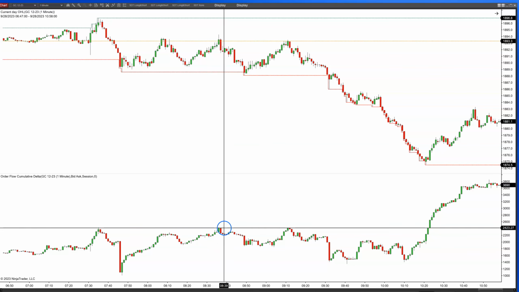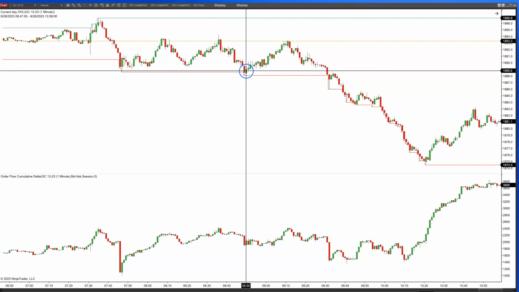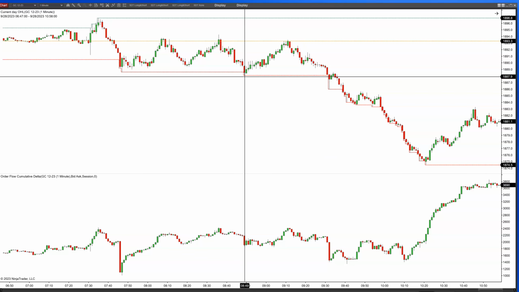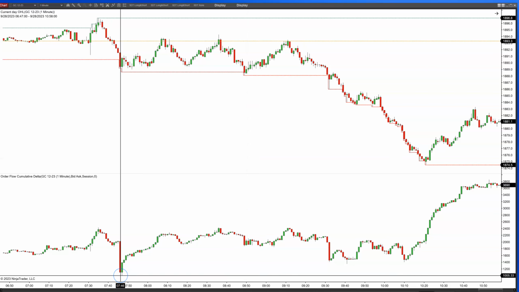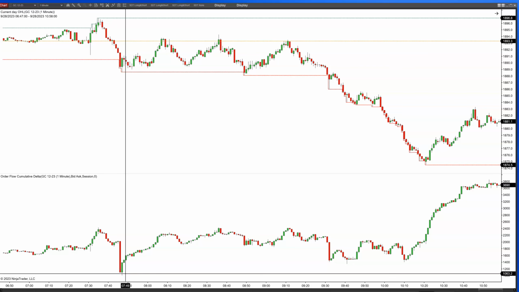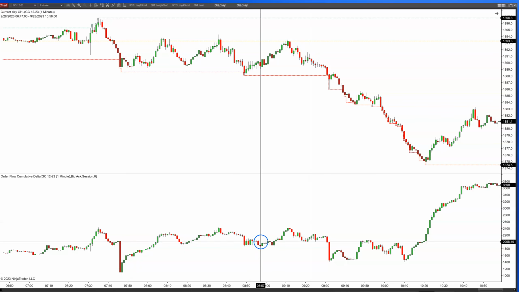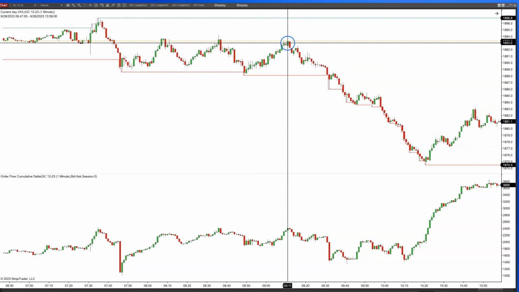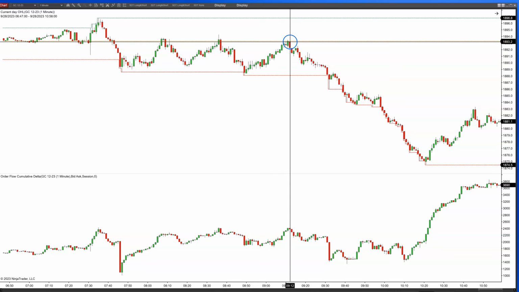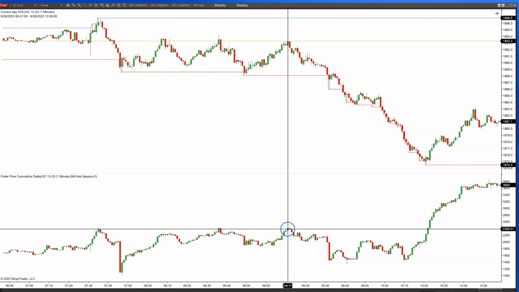At one point it did double, got over 2,000 here. Then we came into the new low, and our delta from where we were earlier is obviously much higher. Then delta and price do go in the same direction. Both start trading higher. We trade all the way back up to 93.30, which is about where we opened the night before. Delta at this point is at its strongest level.